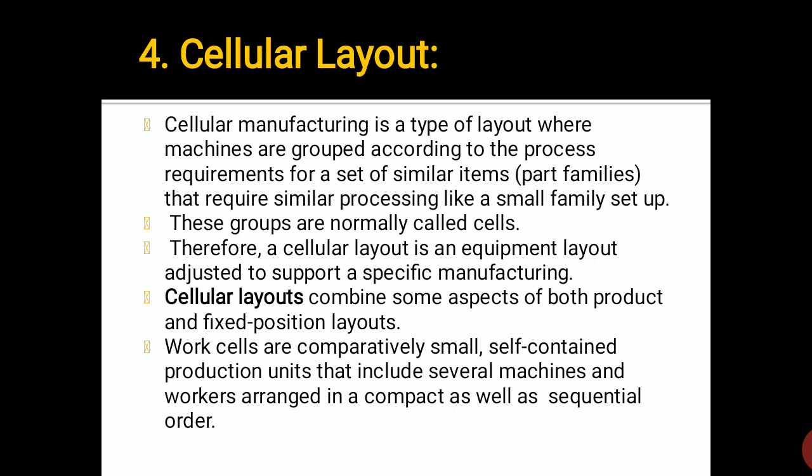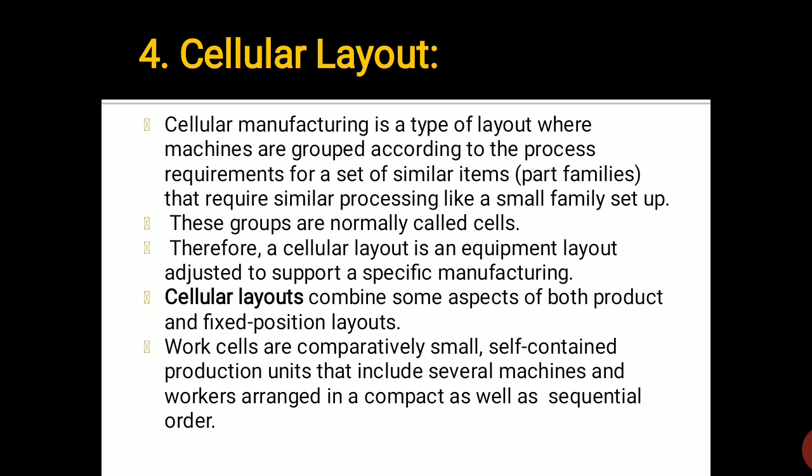What are its specifications? Cellular manufacturing is a type of layout where the machines are grouped according to the process requirement for a set of similar items that require similar processing, like a small family setup. That means the machines are grouped together like a small family.